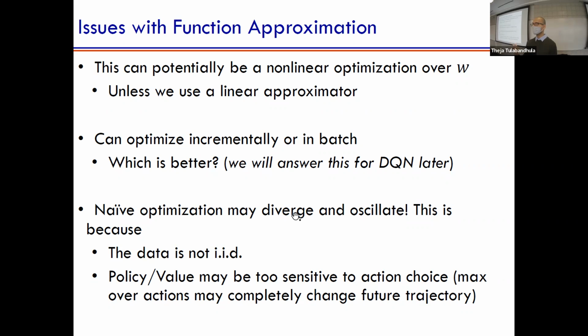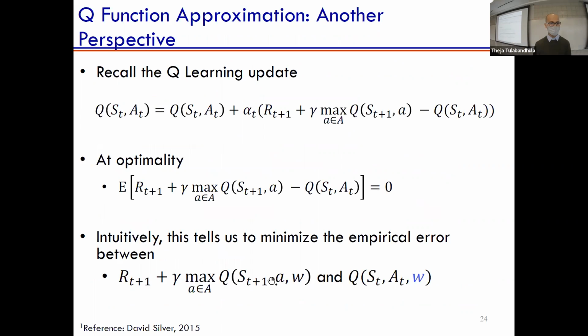So if you think of trying to use all the supervised learning machinery, as long as you could define that loss function that we just saw a little bit earlier, that's not enough. These are the issues: IID, and then because of the max operation. If you saw, there's a max operation here, so a slight change in the max can change this number quite a bit.